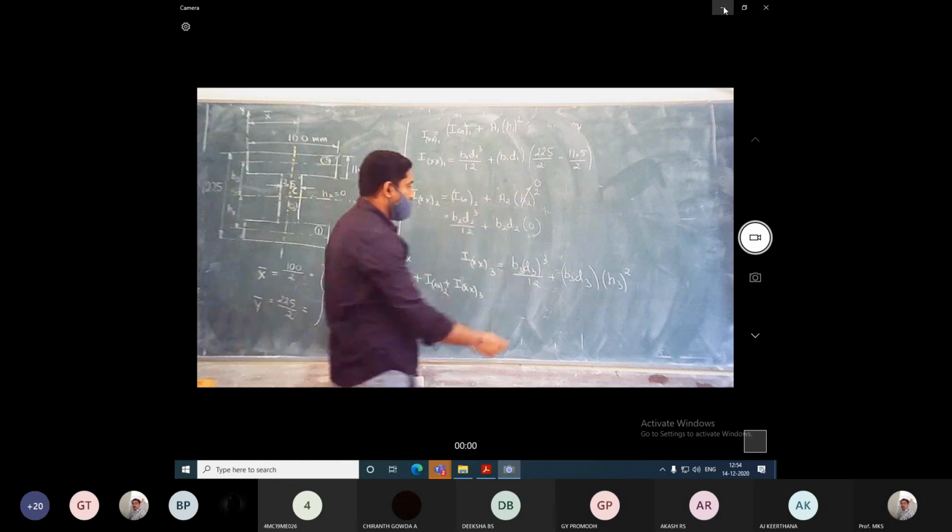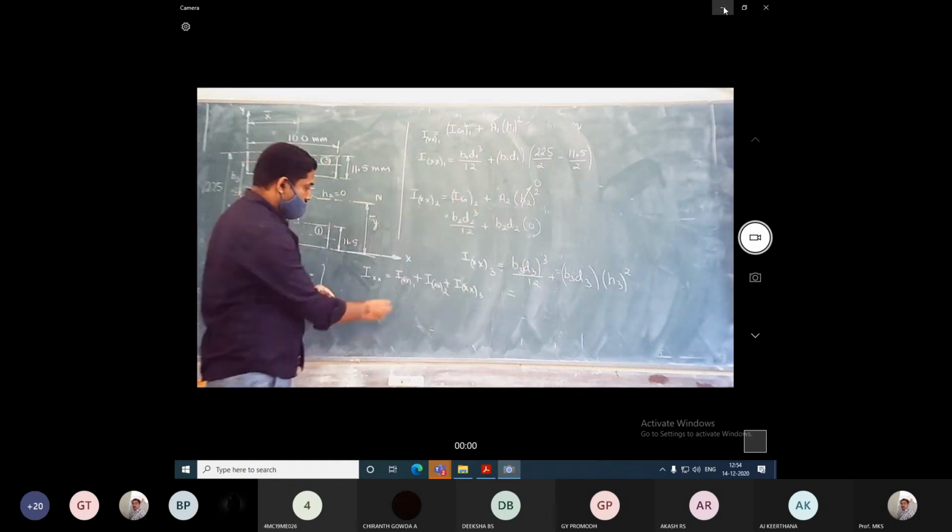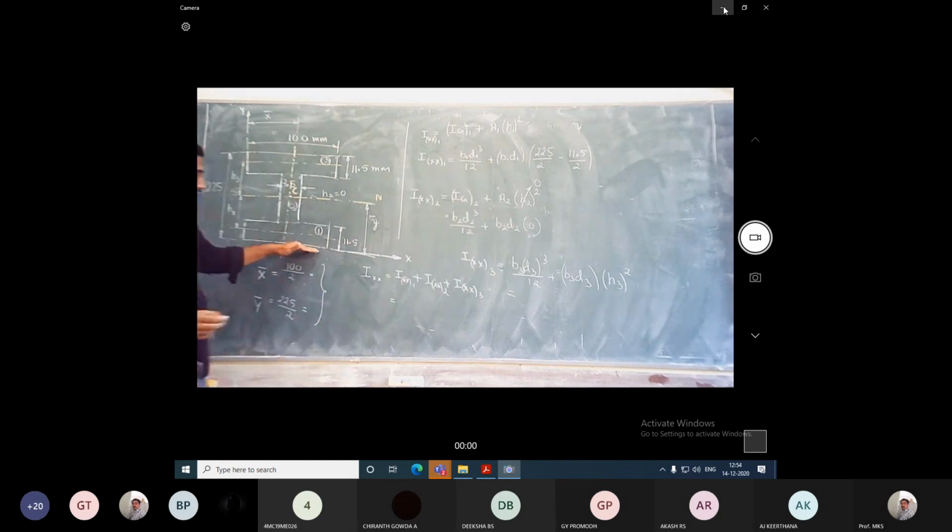So you calculate this, and afterwards you add all of these, and you should get the same answer with respect to the x-axis for the moment of inertia. Since the x-axes for the particular sections are different, these moments of inertia will be different. With respect to the y-axis you can also calculate the moment of inertia.